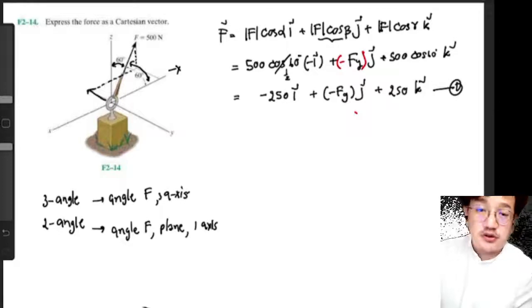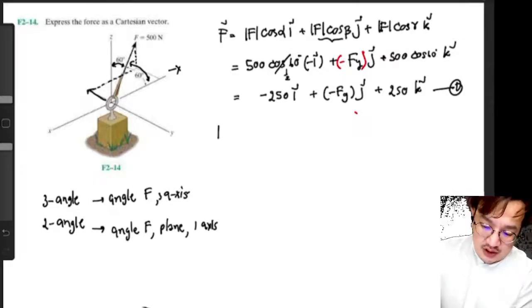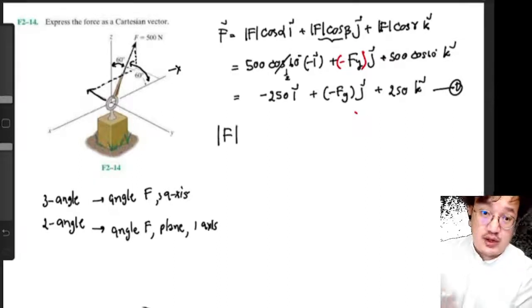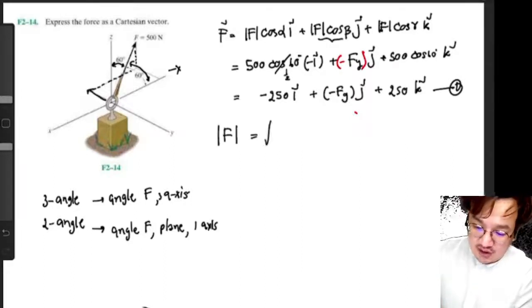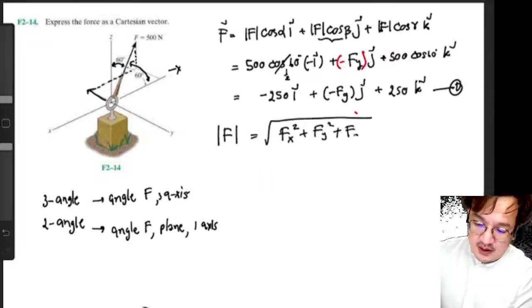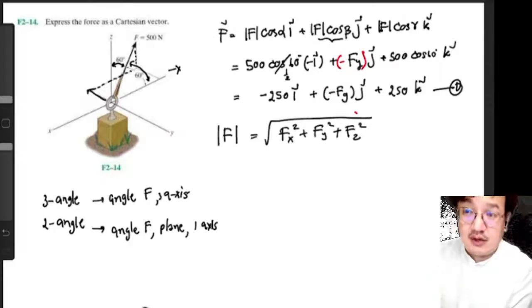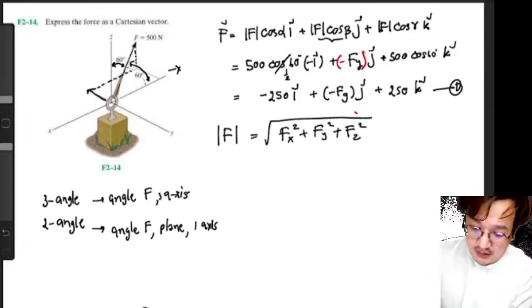And then how to find the component of force in the y-axis? We will apply another equation. In this one, I will show you by applying the equation to find the magnitude of force, which should be equal to the square root of Fx squared plus Fy squared plus Fz squared.